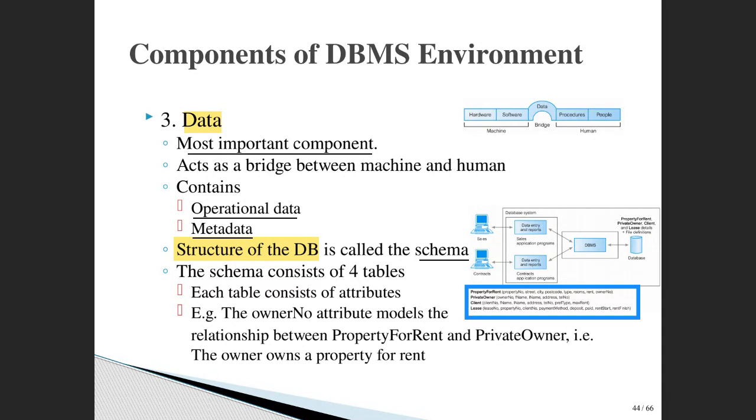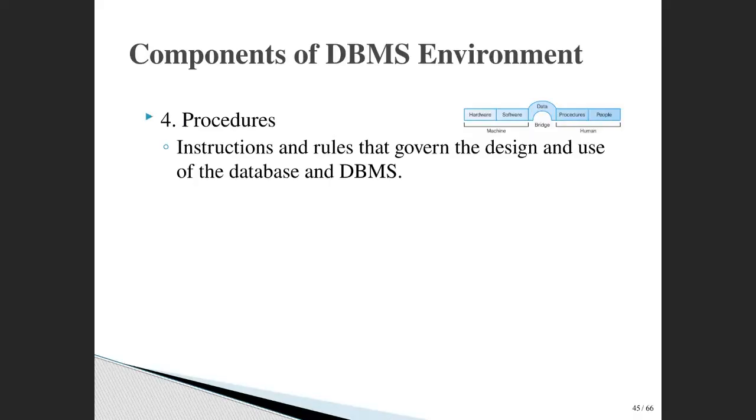In the property for rent table, there is owner number, the last one, and in the private owner table too. So both tables, the first one and the second one, will have owner number. So this will be the relationship. The attributes available in two or more tables will be the relationship between these tables or entities. So this is how we can understand the schema, or the structure of the database.